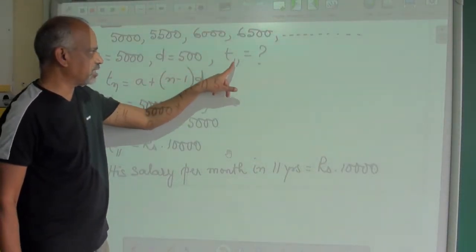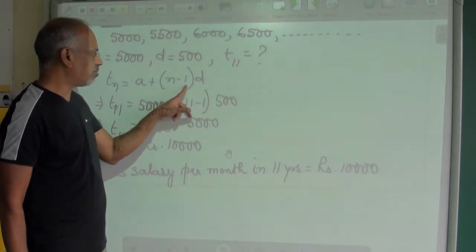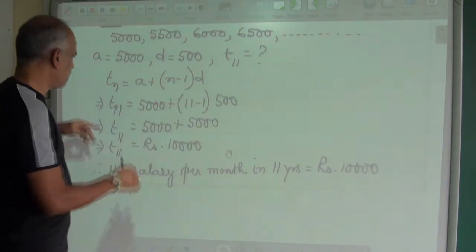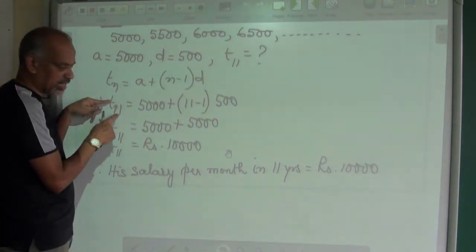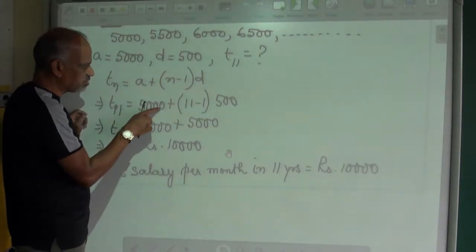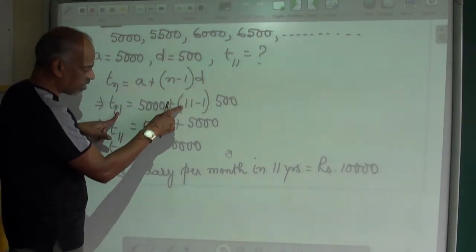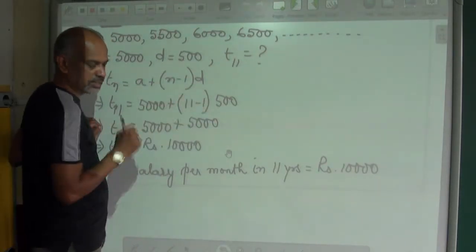So, these are the data that we know. Because you are going to find term 11, let's use the formula Tn is equal to A plus n minus 1 times d. Term n now is term 11, T11, which means n is 11, is equal to A's value 5,000 plus n value 11 minus 1 times common difference 500.